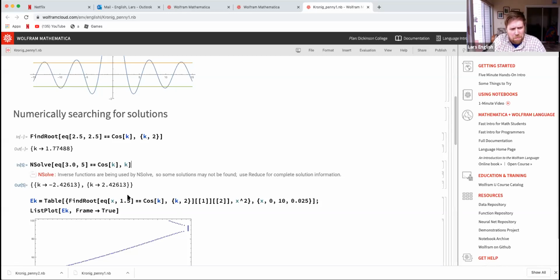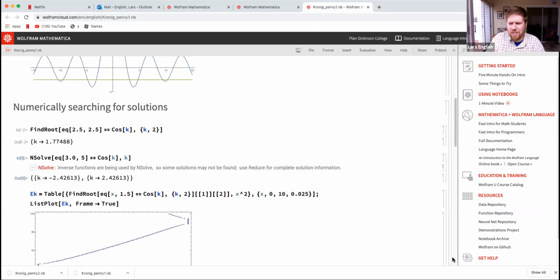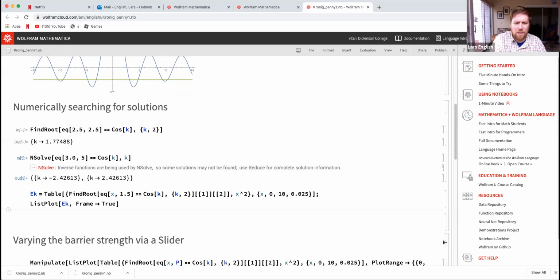So you can also force it to actually evaluate that, and when you do that, you get minus 2.42 and 2.42. So these are the two commands I wanted to highlight here: the find root and the n solve.